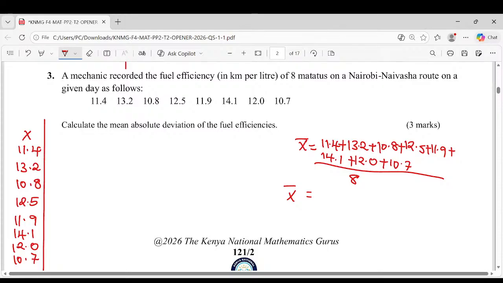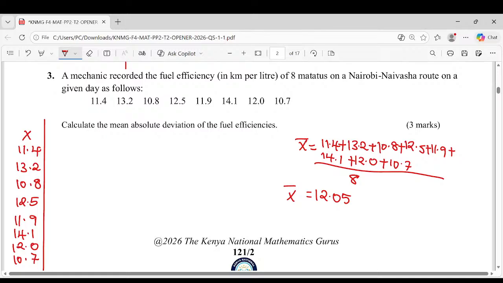When I take this sum and divide by 8, I'm getting 12.05. That is our mean, 12.05.